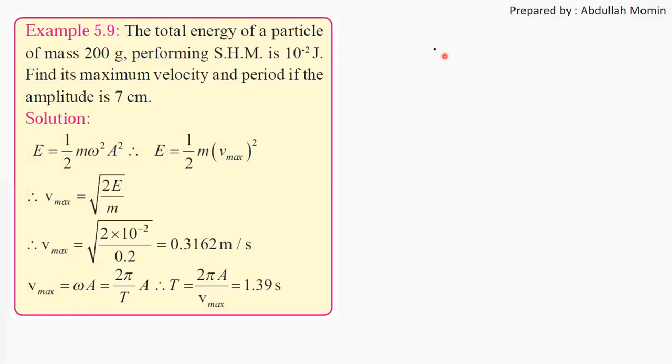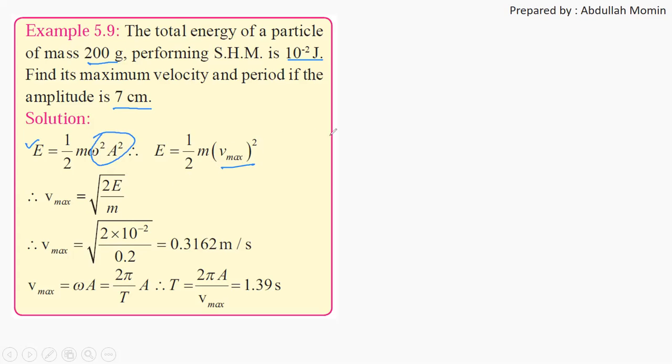So next: the total energy of a particle of mass 200 gram performing SHM is 10 raised to minus 2 joule. Find its maximum velocity and period if the amplitude is 7 centimeter. So we know that the energy of a particle is half m omega square a square, and this term is the maximum velocity square.